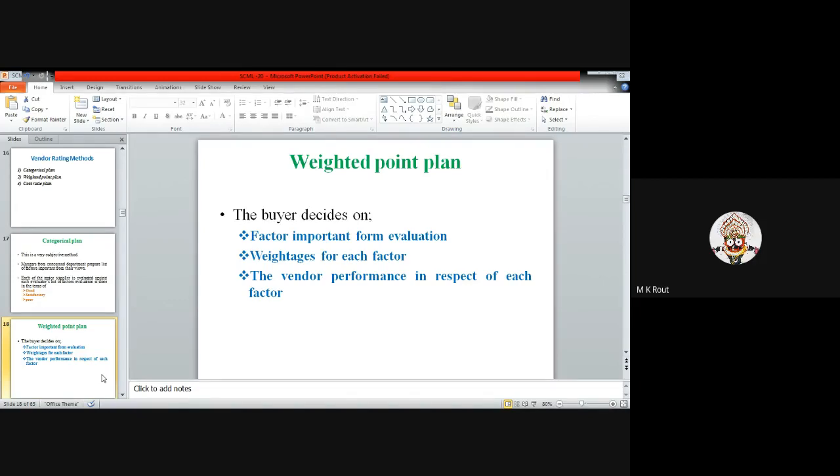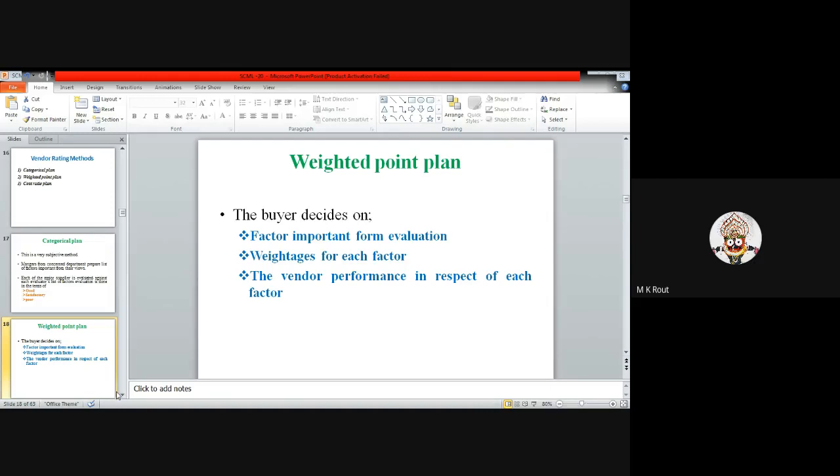Suppose we have quality, timely delivery, and price as factors. Among these three, quality has the highest weight. The vendor performance will be in respect of each factor. You first have to focus on the weighted part, and from quality, the next is timely delivery, the next is price, which should be evaluated as per the weighted point plan.